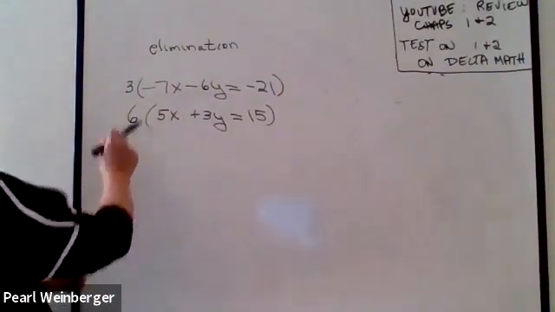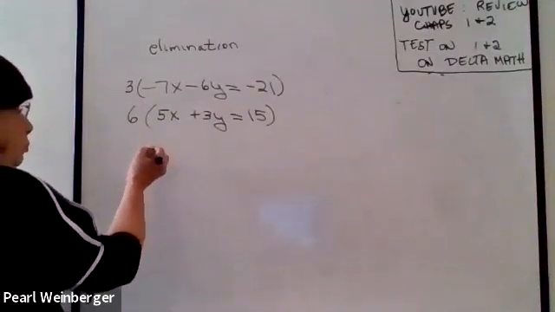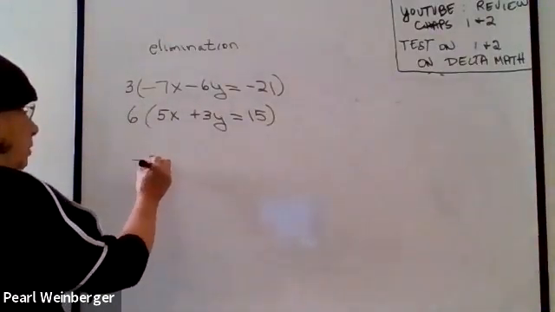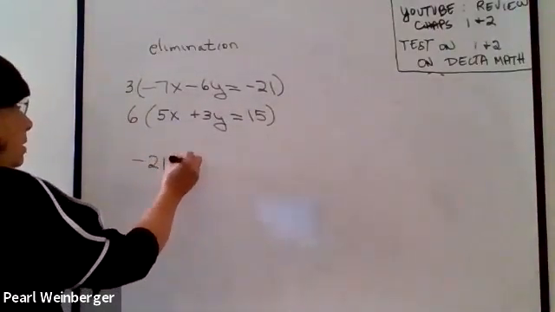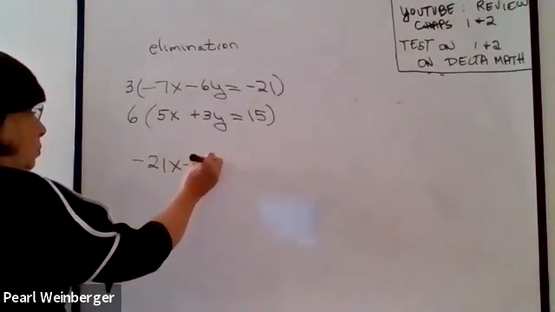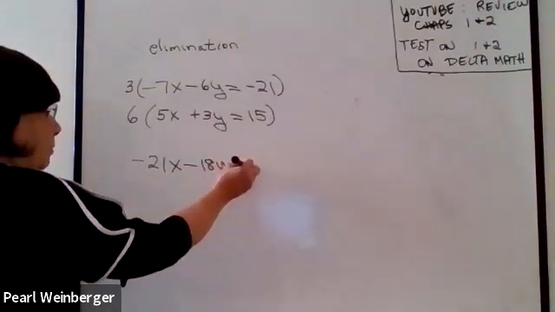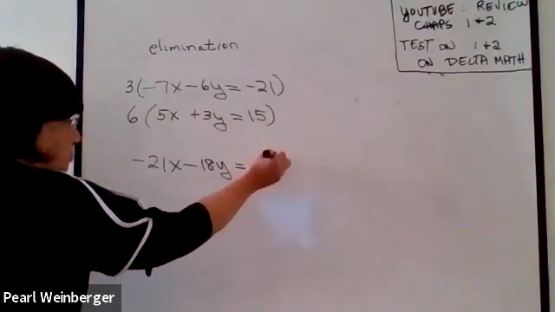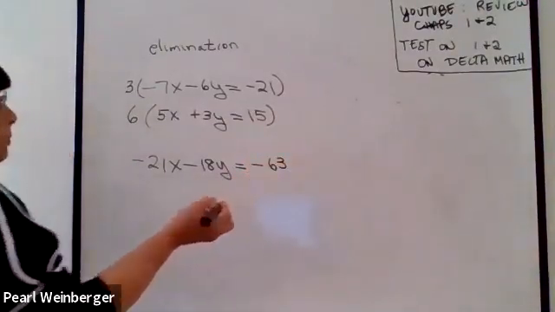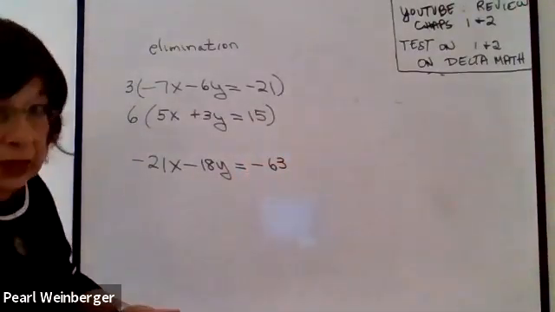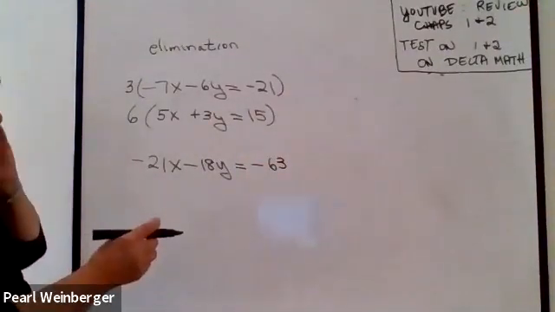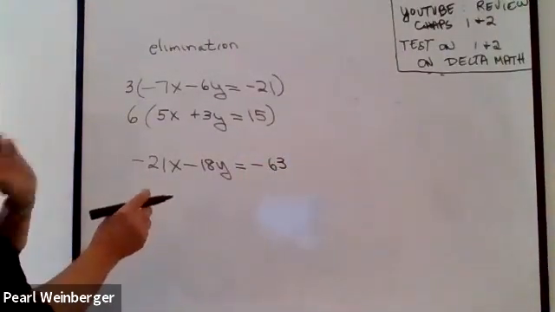So if we multiply the top equation by 3, we're going to get negative 21x minus 18y equals negative 63. And the numbers are getting a little bit bigger, so you can use your calculator. Remember, you're totally allowed to use a calculator.